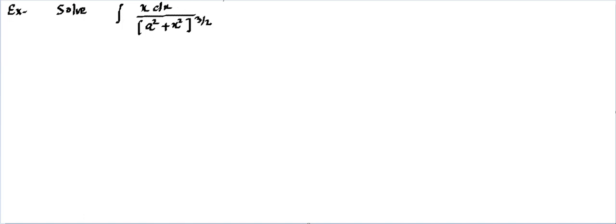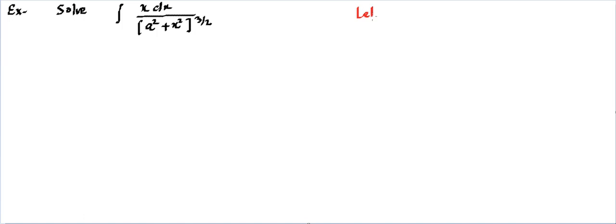Well, this integration cannot be solved directly, and for that sake we need to use the substitution method. Now we would like to make this complicated-looking integration a simpler one, and we will start substituting in such a way that it becomes easy.